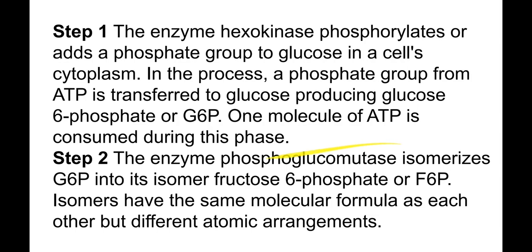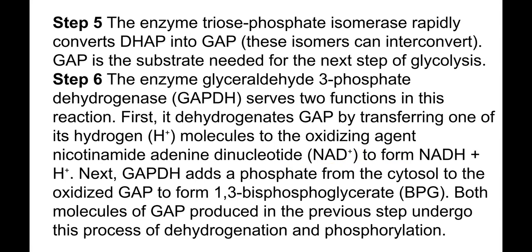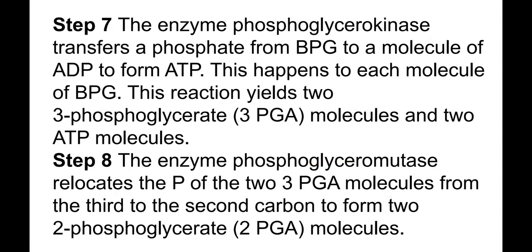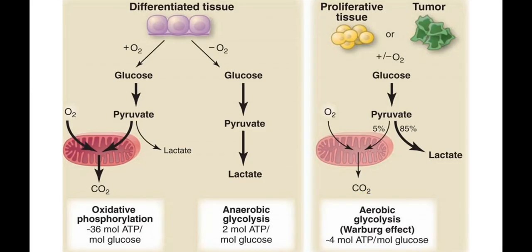We will not go into these details, step 1, step 2, because even though it looks like a simple reaction, it has many steps, 10 steps to get from glucose to pyruvate and ATP.